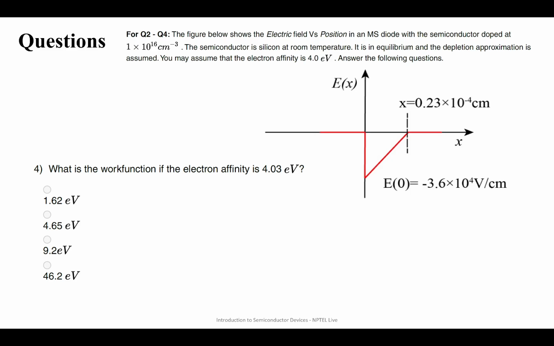Next question: what is the work function if the electron affinity is 4.03 electron volts? 1.62 electron volts, 4.65 electron volts, 9.2 electron volts, 46.2 electron volts?